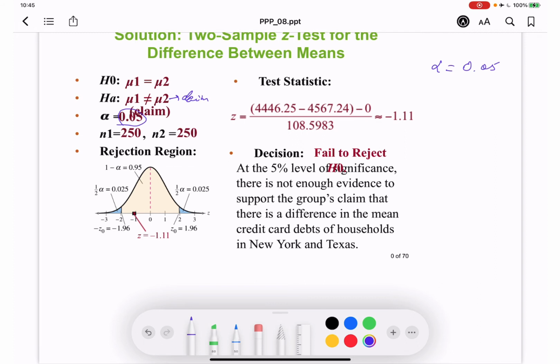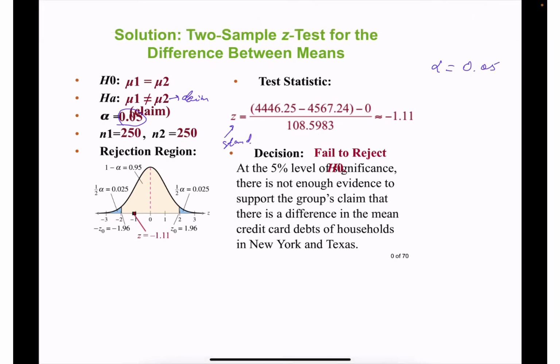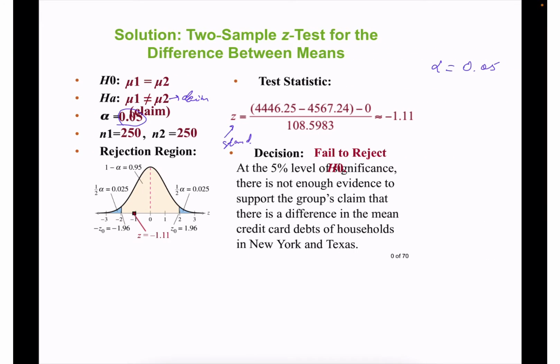It's going to be this standardized z. Here is the information to write down: x1 is 4,446.25, x2 is 4,567.24, and the standard deviations are 1045.7 and 1361.95.